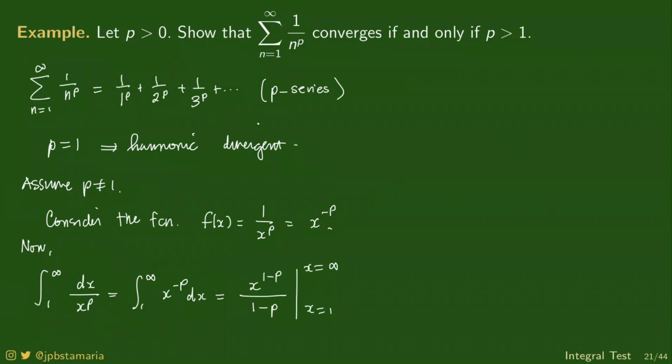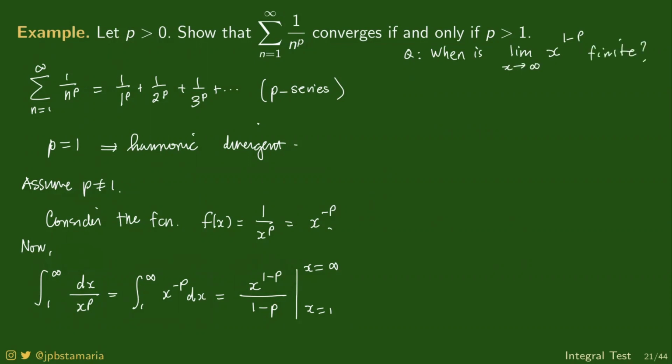When will this converge? Well, x is the one moving, as we make x larger and larger to infinity. So we only look at x raised to the 1 minus p. The question is, when is the limit of x raised to 1 minus p as x approaches infinity finite?